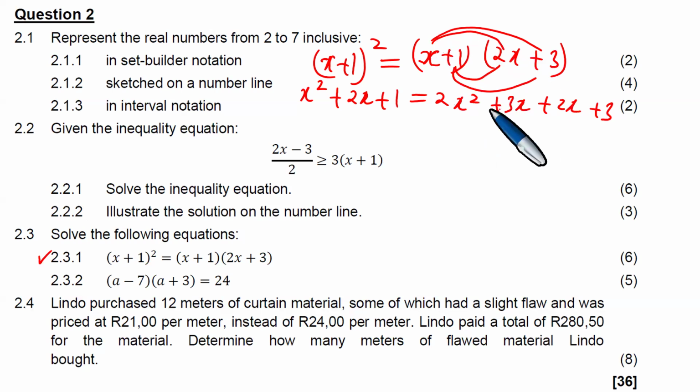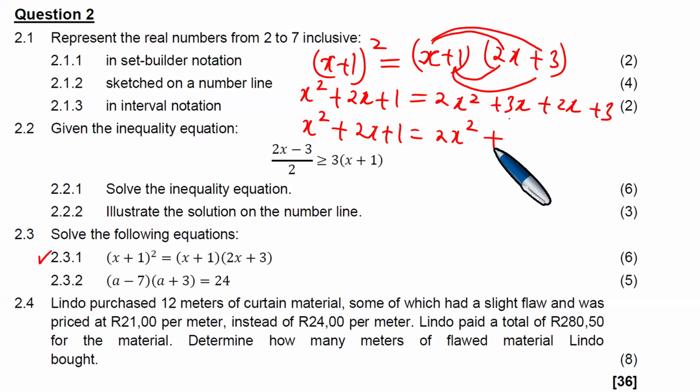What is x times 3? It's 3x. Then multiply 1 times 2x, it's 2x. 1 times 3, it's exactly 3. And this is therefore x squared plus 2x plus 1 equals 2x squared plus, what is 3x plus 2x? It's exactly 5x plus 3.